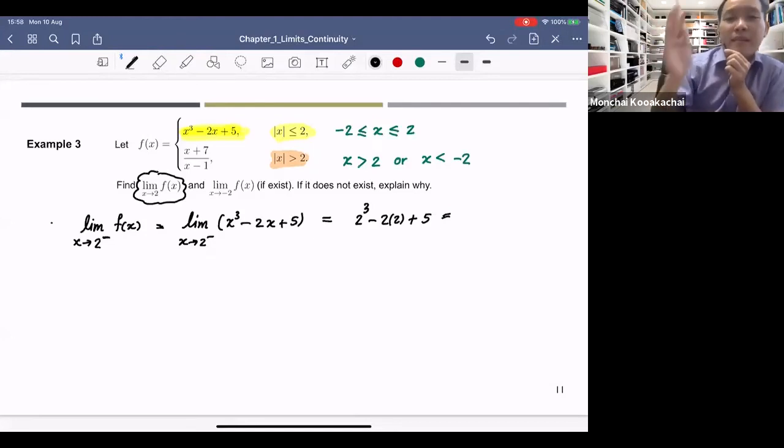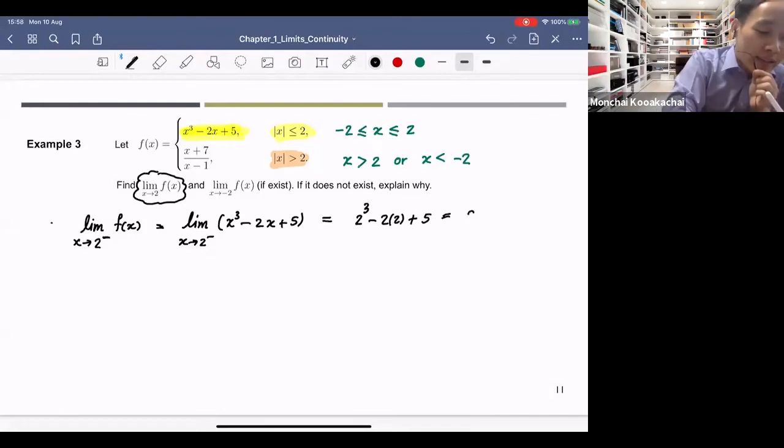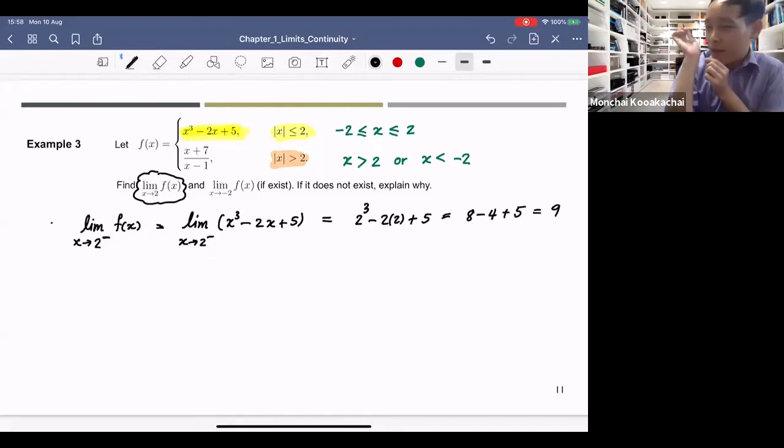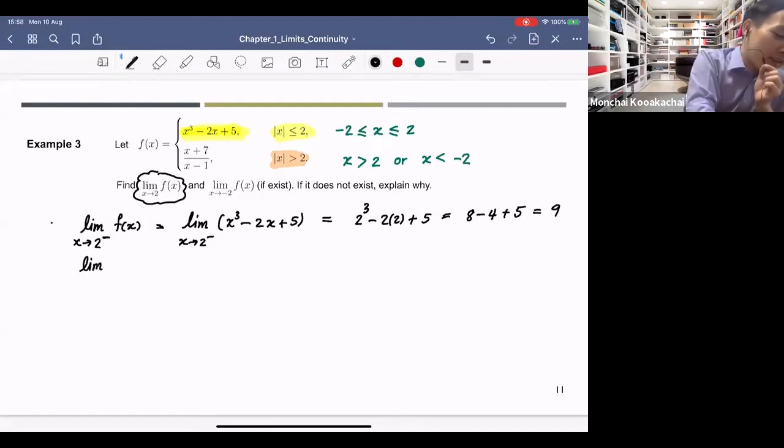And this is 8 minus 4 plus 5, which is 9. If I miscalculate, you can stop me, because sometimes I am too excited and miscalculate easy things. So now let's look at the right-hand limit.